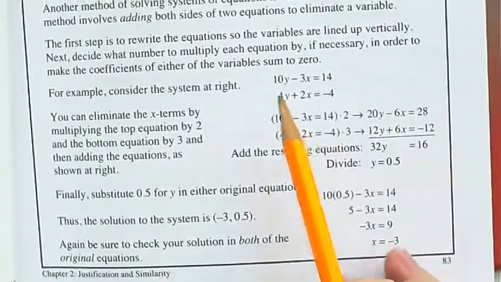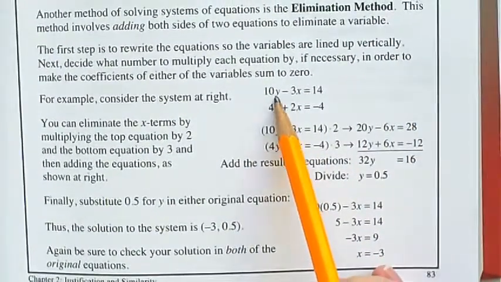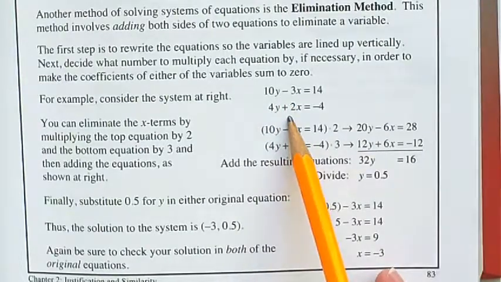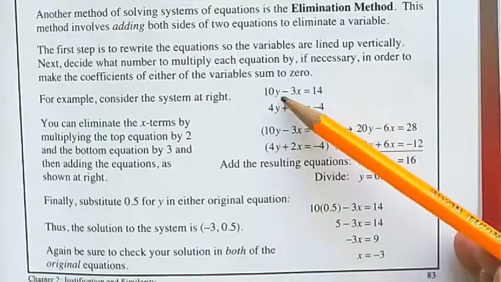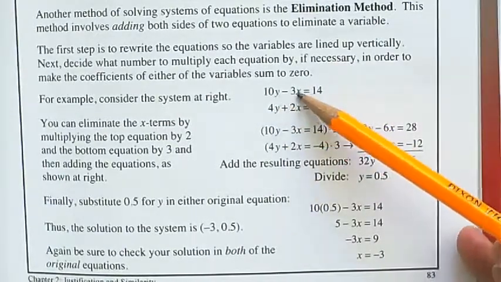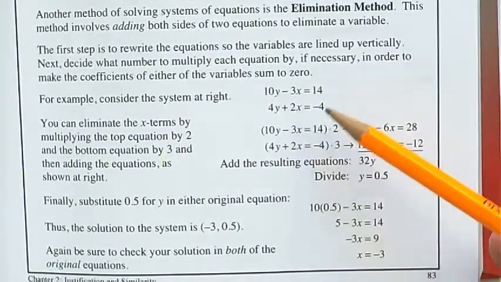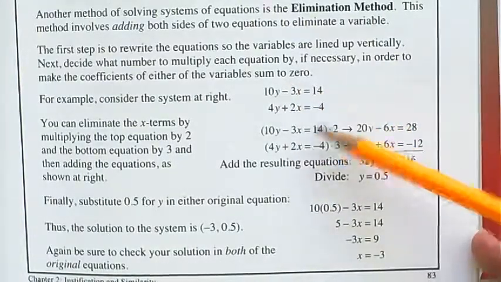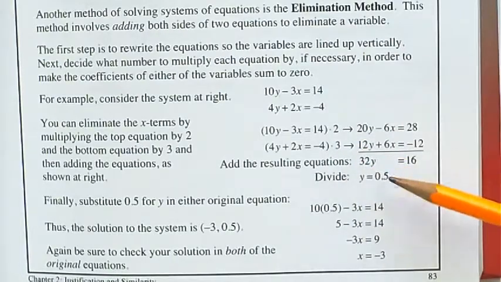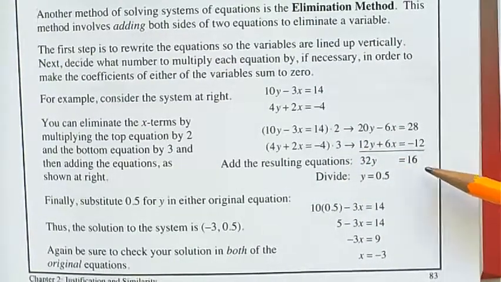Elimination is nice when you have both of your equations in standard form, and when you have the y's on top of each other, when you line them up, and the x's on top of each other, and you can manipulate things to make it look like that, but it just makes it nice to either add and subtract to get rid of one of those variables.